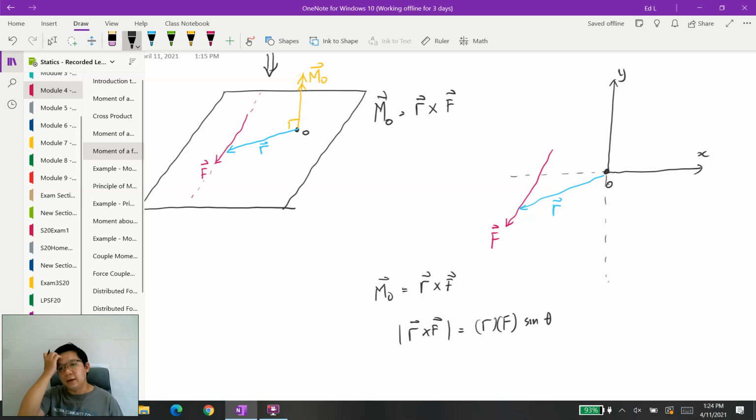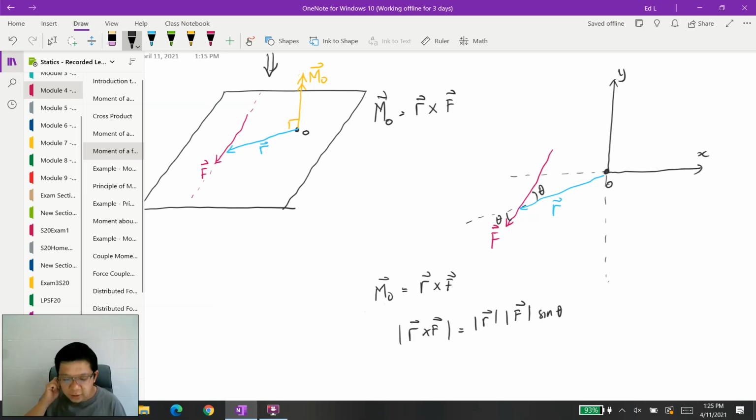Maybe it's better that I write it this way first, so it does not create any further confusion. And what is this theta? That theta is basically the angle made between the R and the F right there.